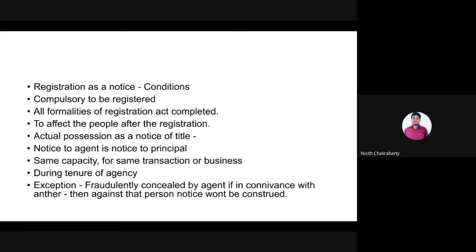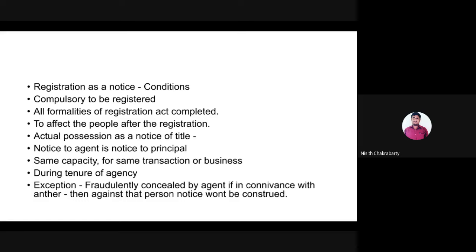Those prior to the registration will not be bound by it, and will not be taken as if they have notice of it. But people who come after the registration will be bound as if they have notice of it. That is the third part: registration will be a notice when the document is compulsorily registered and all formalities required by the Registration Act are fulfilled.